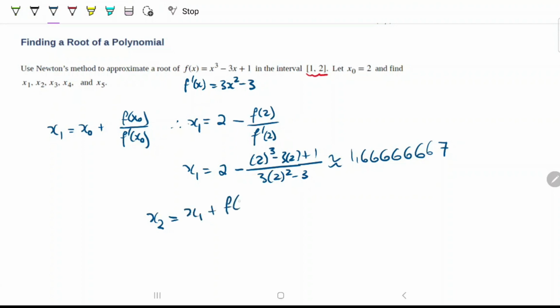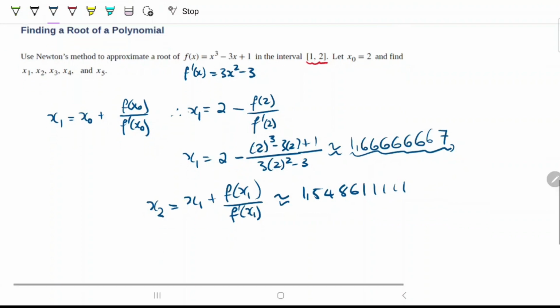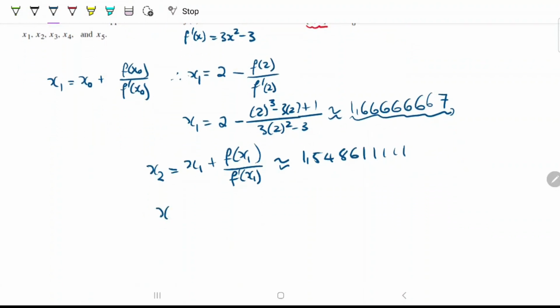So now this becomes f of x1 over the derivative of x1. So what that means is that you will take the previous answer that you've used here, compute it and put it back in there. And then once you do that again, you'll get another solution, which is 1.54861111, or like that. So you can use that in your calculator.